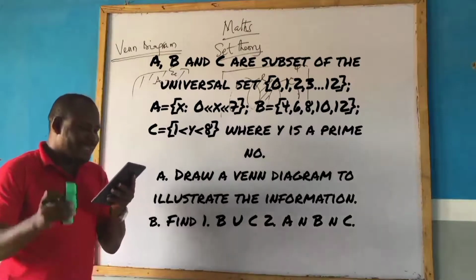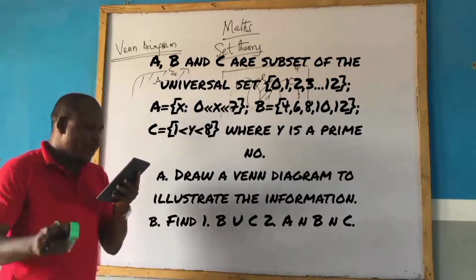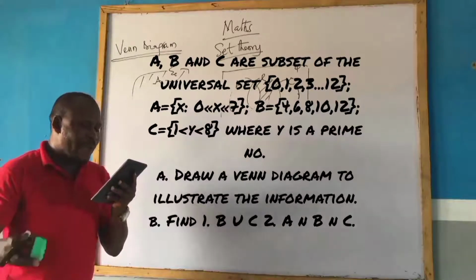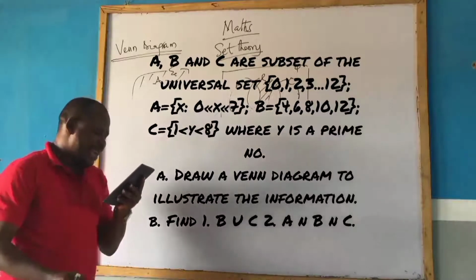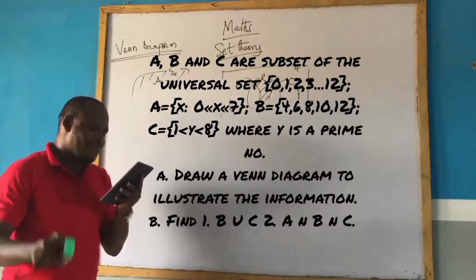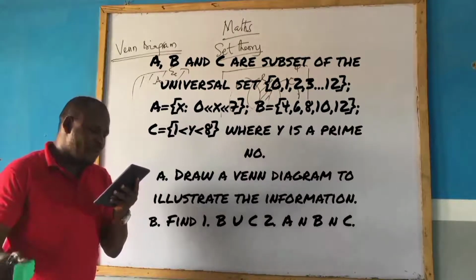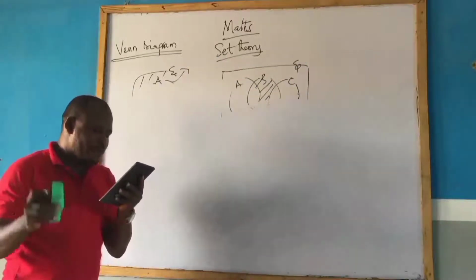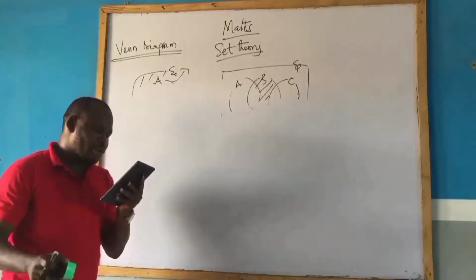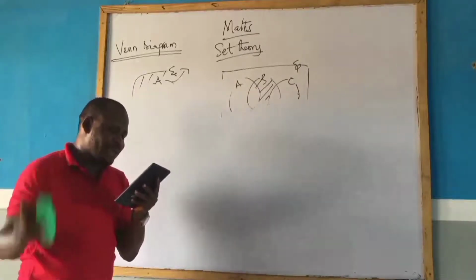C equals 1, 1 is less than Y, Y is less than 8, where Y is a prime number. Question A, draw a Venn diagram to illustrate the information given above. Question B, find Roman figure 1, B union C, Roman figure 2, A intersection B intersection C.